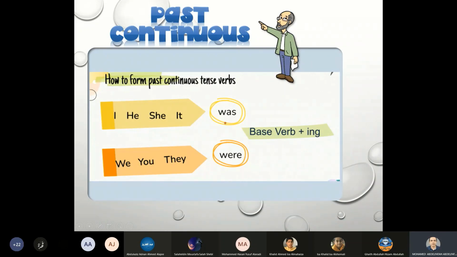With the auxiliary verb was, we use I, he, she, and it. What about were? Were is used with the plural form of the subjects, like we, you, and they. So students, the form of the past continuous tense is was or were plus verb plus ing. Use I, he, she, or it with the auxiliary verb was, and also use the subject we, you, or they with the auxiliary verb were.